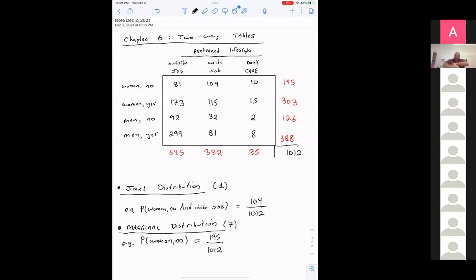What is 7 from? Woman no, woman yes, man no, man yes, outside job, inside job, don't care. That's right. Every one of those red numbers is its own marginal distribution.